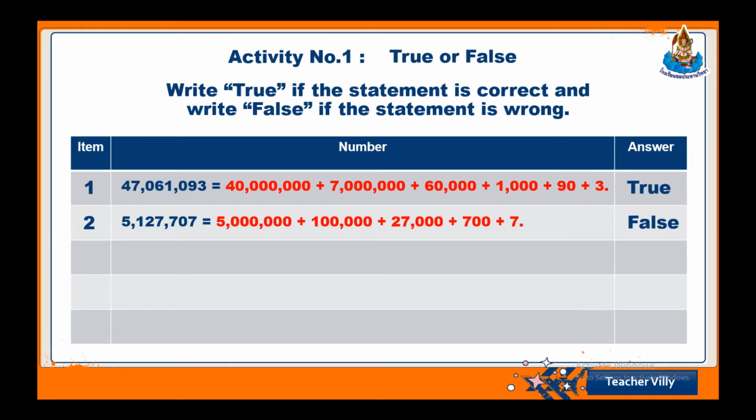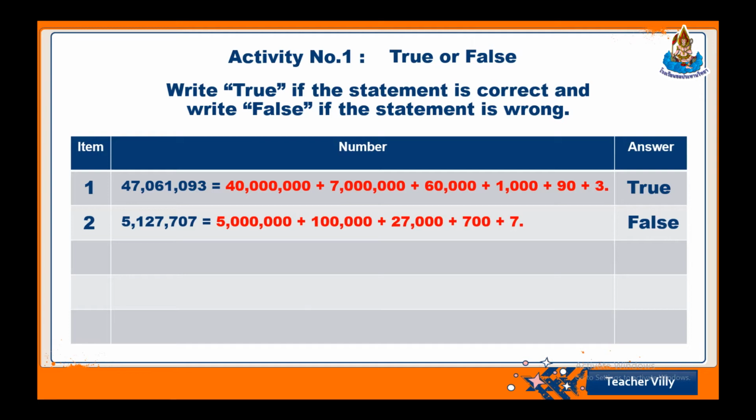Why false? Because we have 5 million, we have 100,000, we have the number 27,000. This is not in its expanded form. It should be 20,000 plus 7,000. That's why it's incorrect or false.